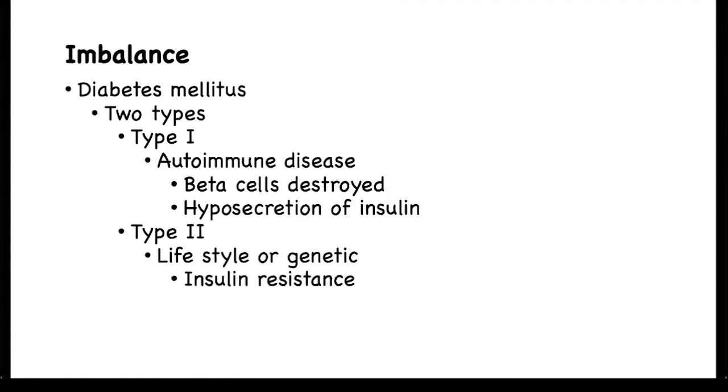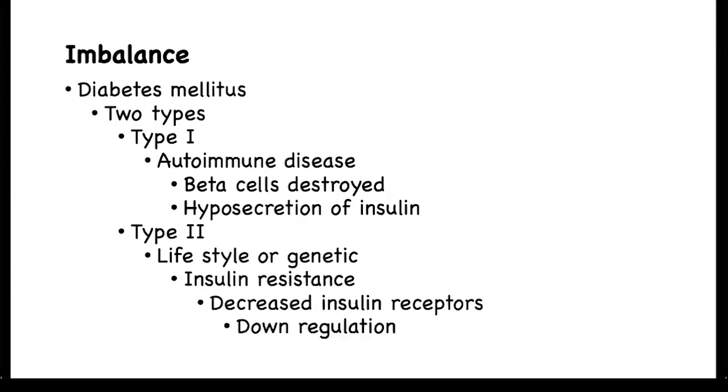Type 2 used to be called insulin resistance type diabetes, and this is due to the fact that the beta cells still release insulin, but the target cells do not respond. This could be due to several factors. You could have a decrease in the insulin receptors at the target cells due to what we call down regulation.